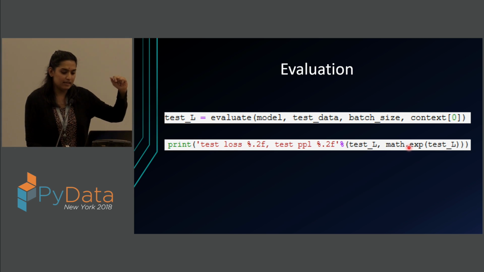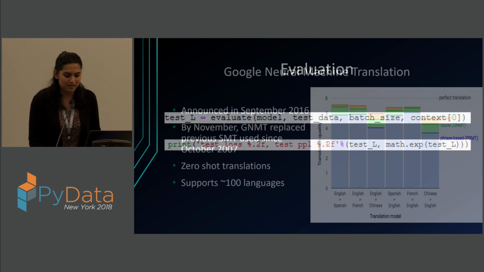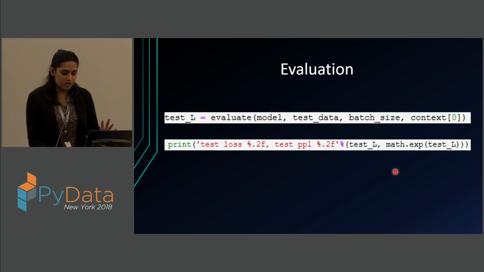In this case, for example, the Wikitext-2 system that was loaded has a test perplexity of about 170.49, which is fairly good, empirically speaking. So this was basically about 20 lines of code to get a state-of-the-art LSTM language model.